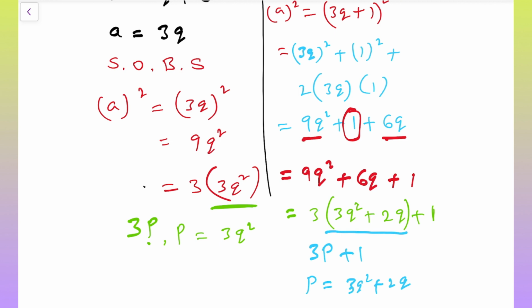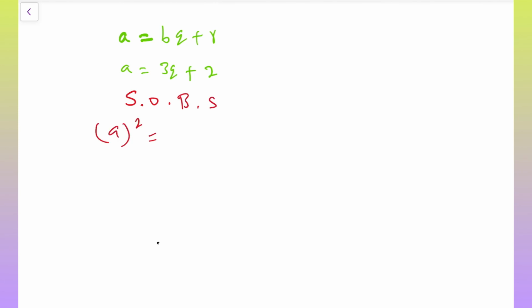The 0 remainder is completed, the 1 remainder is completed. Now let us check the 2 remainder. a equals bq plus r, right? So a is equal to, b value is 3, q plus 2. Again the same process, squaring on both sides. So what will it become then? a square is equal to 3q plus 2 whole square.